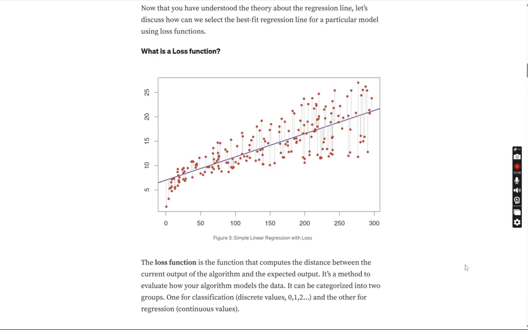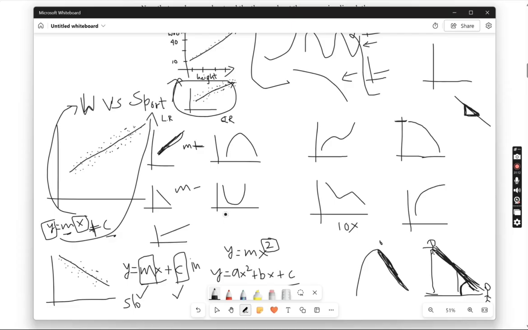Now next is the loss function. Let's just say you manage to fit the line. Now there is another challenge. On these very same points you can have a line like this, you can have a line like this, on the same points only.